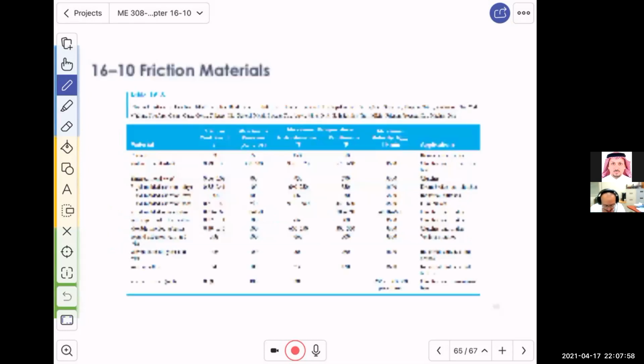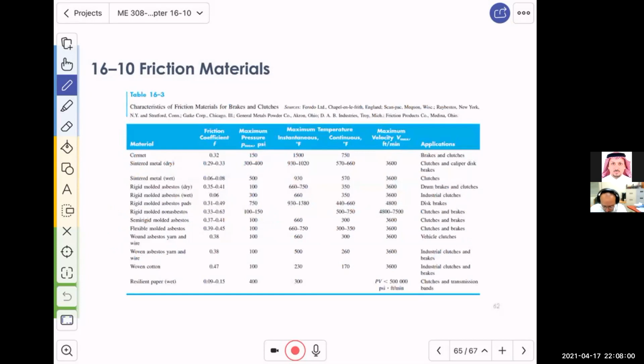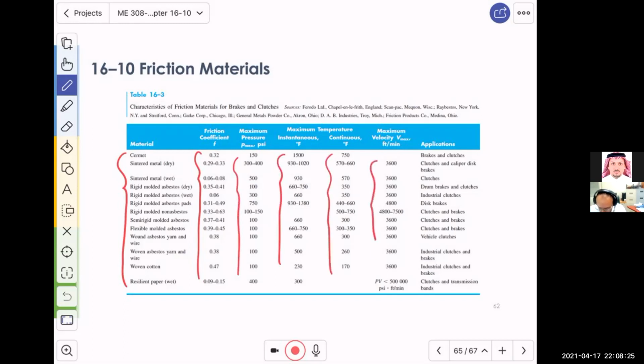We also have here the characteristics of frictional material for brakes and clutches. And what you see here is all types of materials that we talked about, and then their coefficient of friction. This is very interesting. So at least you know the coefficient of friction for this material. What is the maximum pressure it can take? What is the maximum instantaneous temperature, continuous temperature, and the maximum velocity?